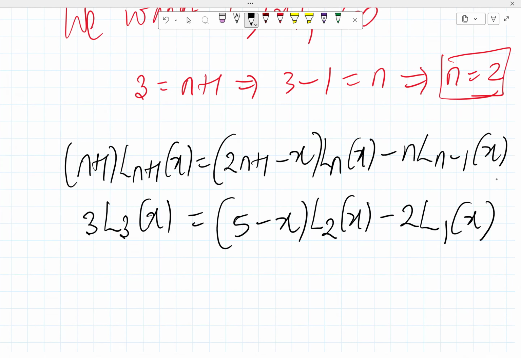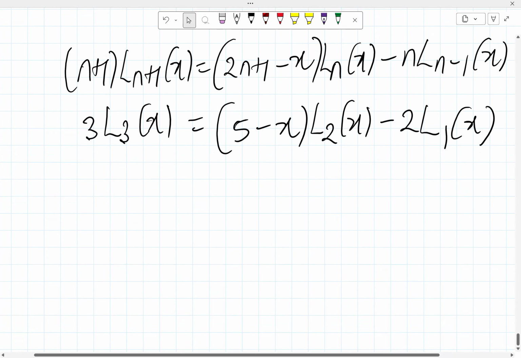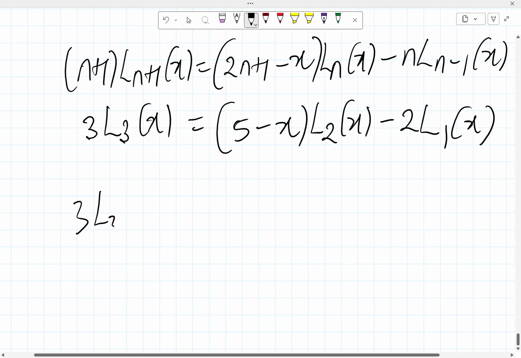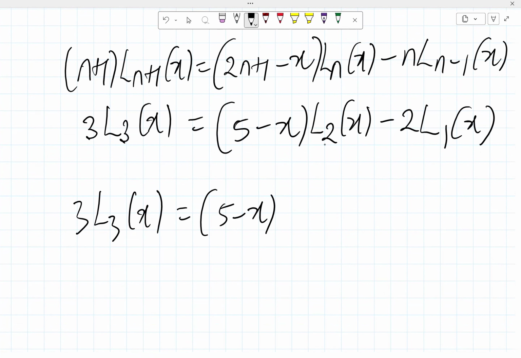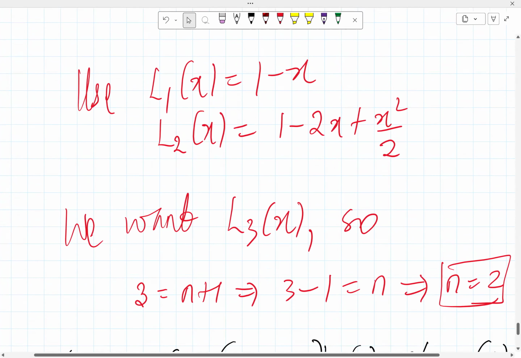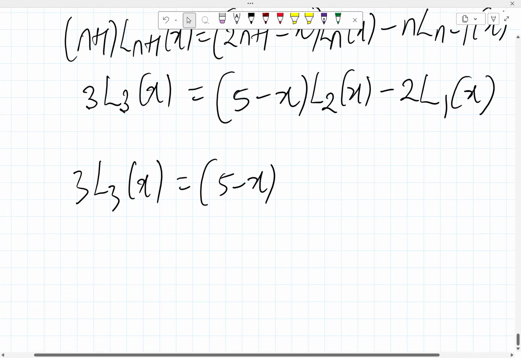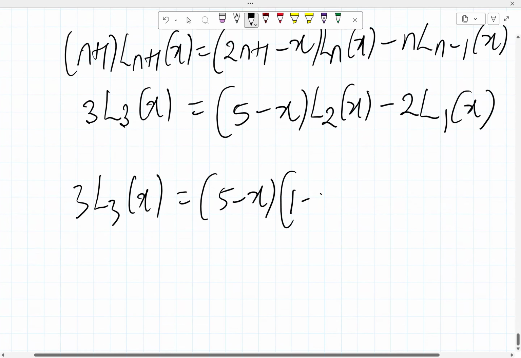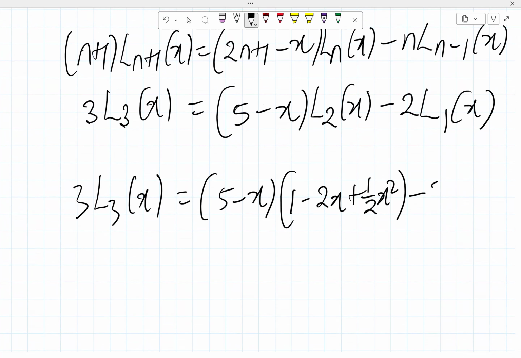So we just need to put everything together. So we have 3 L3 of x equals (5 minus x) times L2 of x, which is 1 minus 2x plus x squared over 2, minus 2.